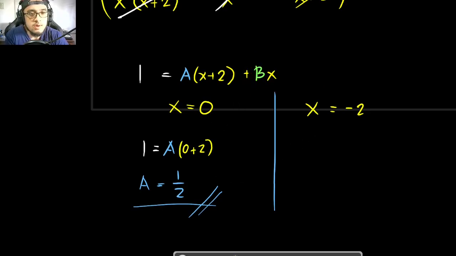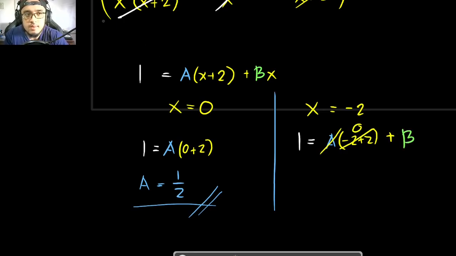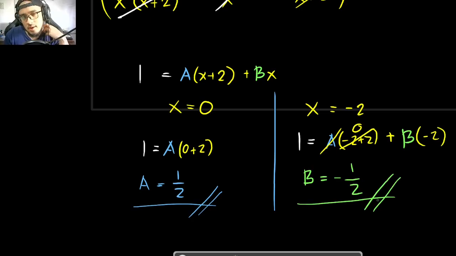So from that, this is now your equation: 1 is equal to a times -2 plus 2, which is equal to 0, and 0 times a is 0, plus our value for b times x, and our x is equal to -2. Now solving for b, b is equal to -1/2.